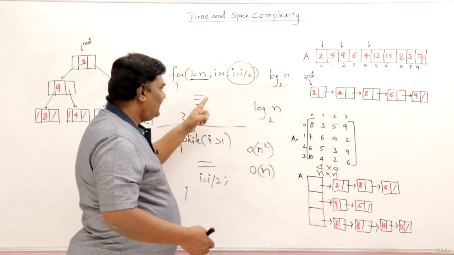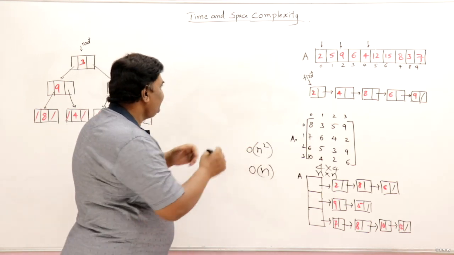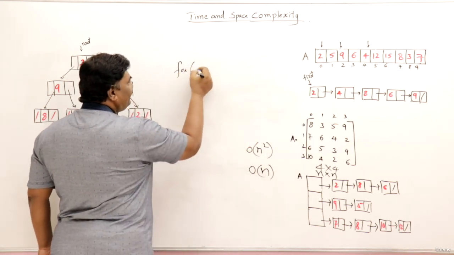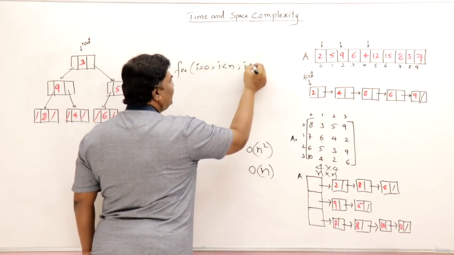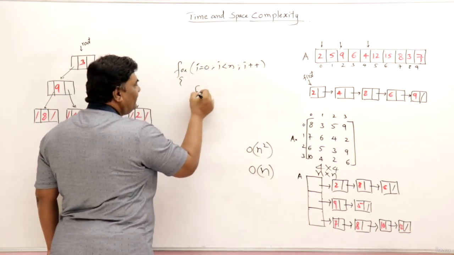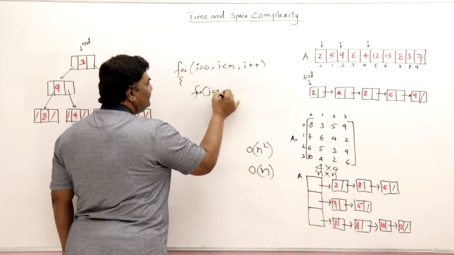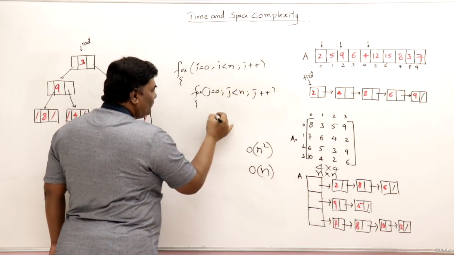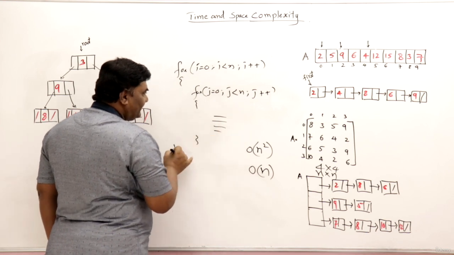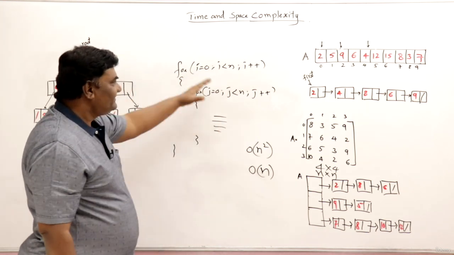Now I'll show the code for that. For processing a matrix of elements, we need 2 nested for loops. i++, and inside this for j assign 0, j is less than n, and j++. Now whatever you want to do with those elements, you can do that. So this is n square.